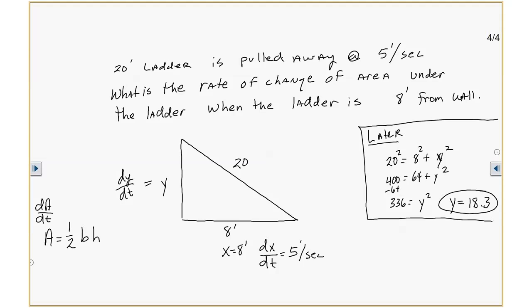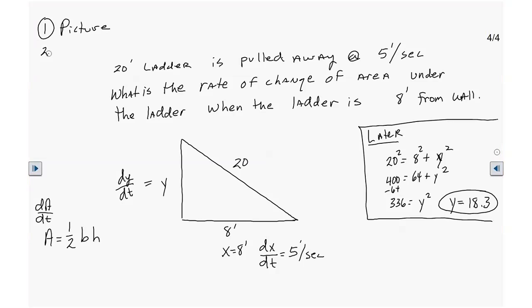Now, take the derivative in respect to t of this right here. Do that, because that's what you're going to be doing. The first thing you're going to do, like I said, is draw a picture.